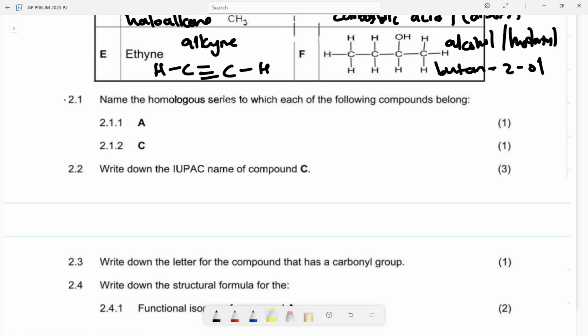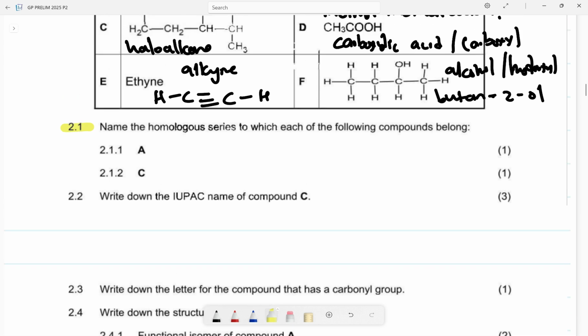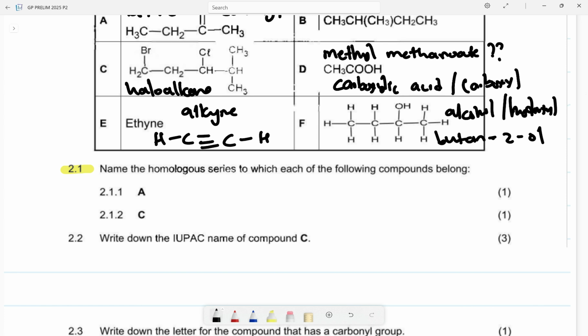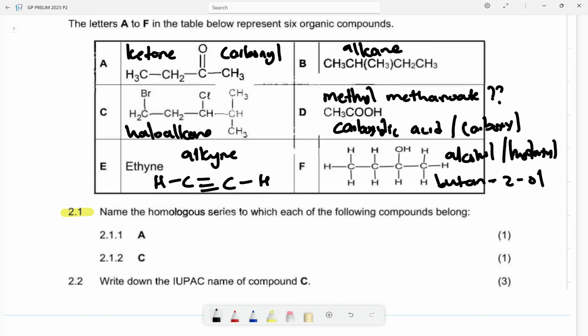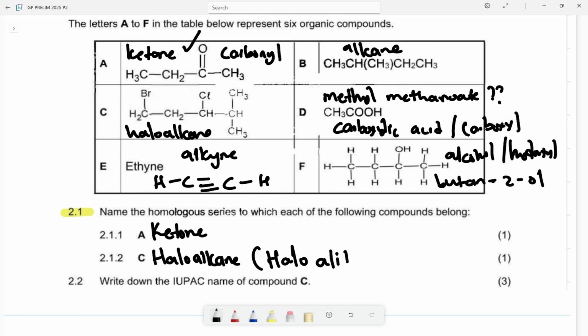Now, 2.1: name the homologous series to which each of the following compounds belongs. Can you see now? I think I'm going to run smoothly here. A is a ketone, C is a haloalkane. Or someone might say haloalide, alkyl halide.